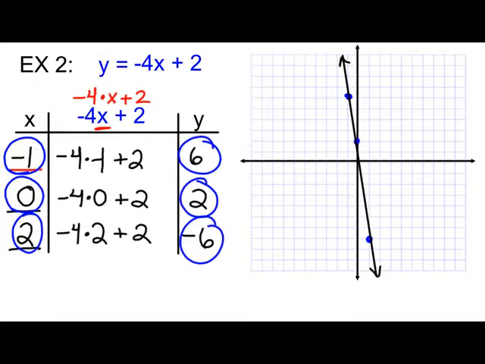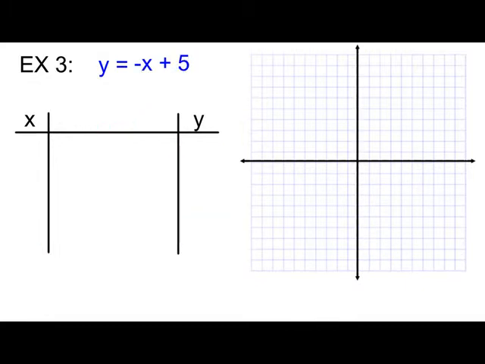Let's try one more of this type, and then we're going to talk about something a little bit different. So example 3. Y equals -x plus 5. Bring my -x down, plus 5 down. Pick some numbers, -2, 0, and 2. I can pick any numbers I want. I pick both positive and negative. Now this formula is a little bit different. -x means basically, if you remember, if there's no number in front of the x, it's a -1.